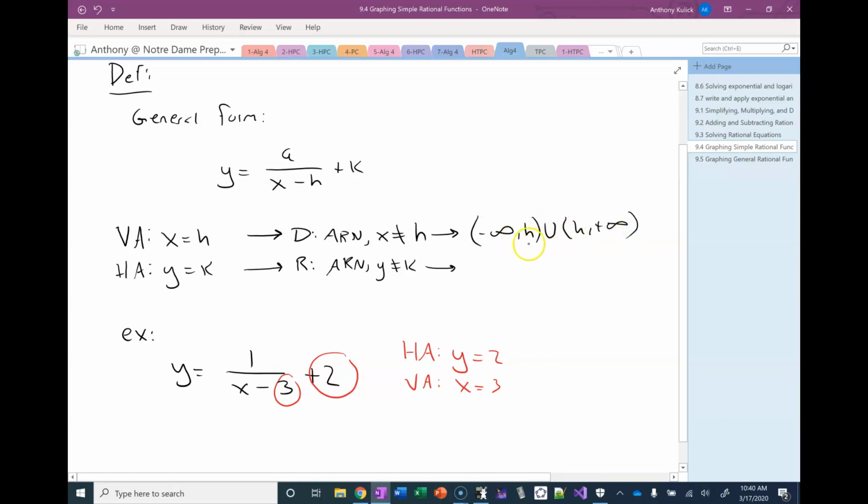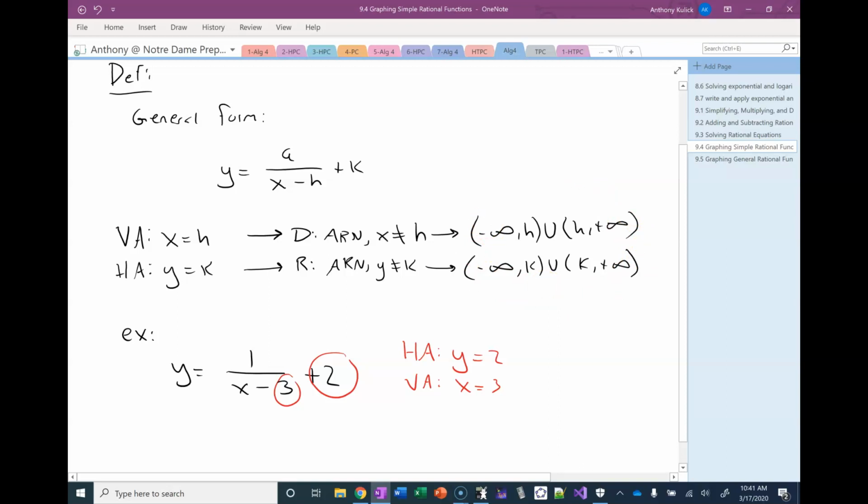Remember, when you use the parenthesis, it's not including h, so it's everything up to h and then everything after h. And similarly for the range, it would be everything up to k and then everything after k. So if you're looking for the interval notation representation for domains and ranges, they would be there.